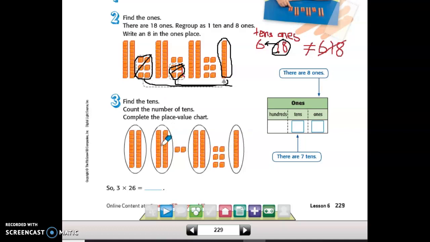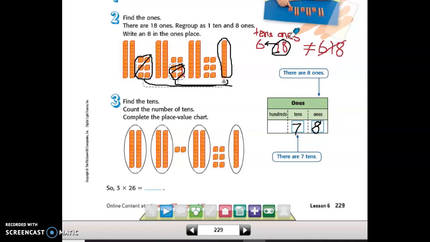So now I've got 2, 4, 6, 7 tens. There are 7 tens because we've regrouped this one over there. 6 plus 1 is 7. And we've got 6, 7, 8 because these two are still there. We haven't crossed those out. That makes 8 ones.